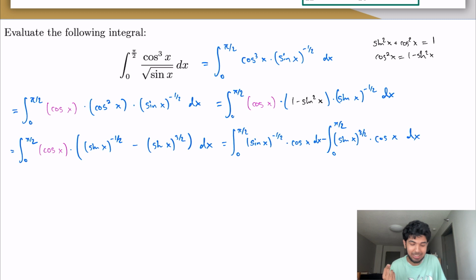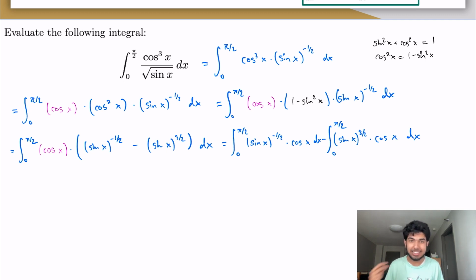We do not want to set u equal to this cosine of x term, because it's this other funky term that we'll have to cancel with, and the power makes it not great to cancel with. So we're going to set u equal to the base of the funky term. So in this case, we'll let u equal sine of x, and in the second integral, we'll let u equal sine of x.